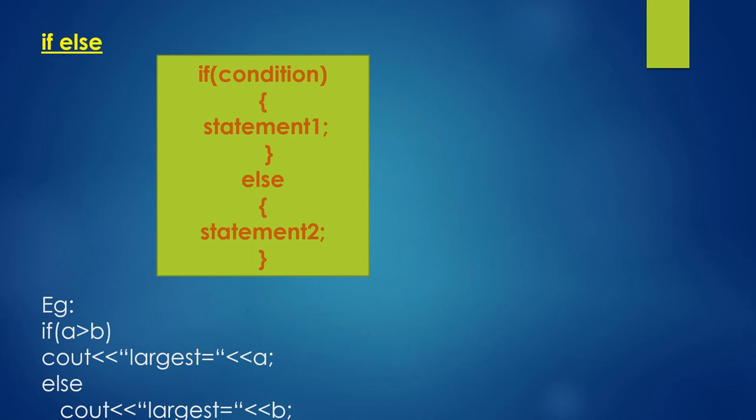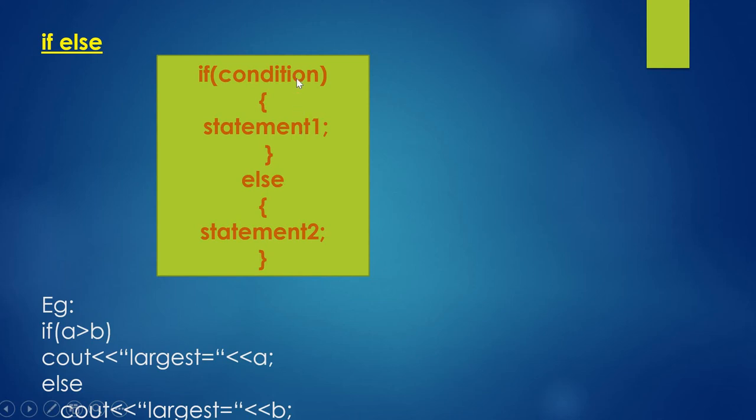The second selection statement is if else. See the syntax for the if else statement: if condition, then statement 1, else statement 2. What is the meaning? If the condition is true, statement 1 executes.